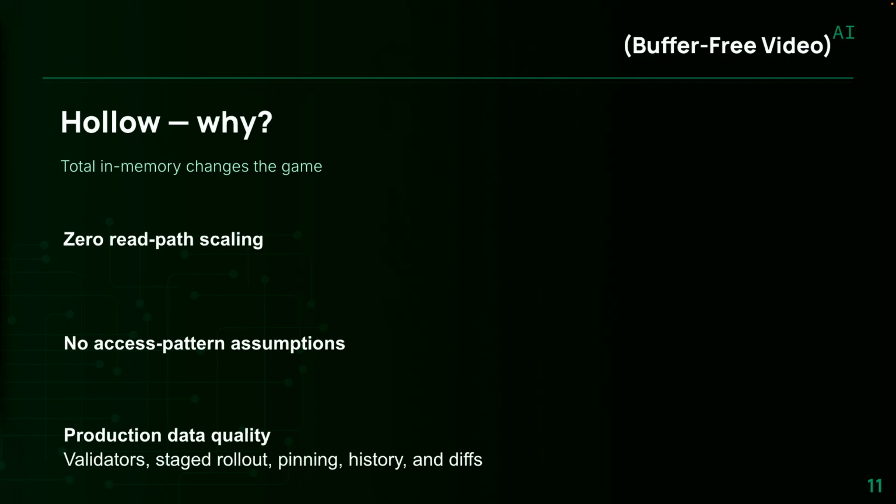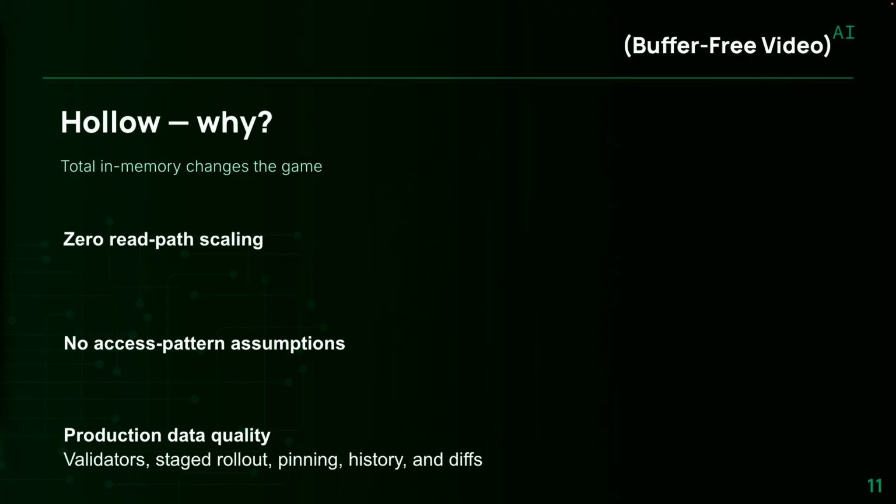There's zero read path scaling required. Reads are local in-memory lookups, so add more instances in the consumer app and you add more capacity for free. There are no data access pattern assumptions. Because the reads are just in-memory lookups, and the whole dataset is on every node, any query is fast. The publisher doesn't have to design their data model around access patterns.